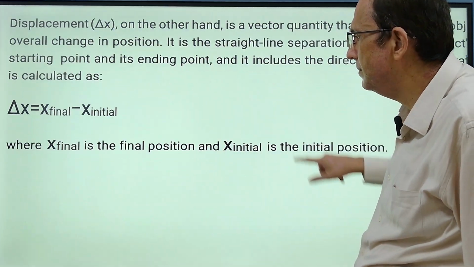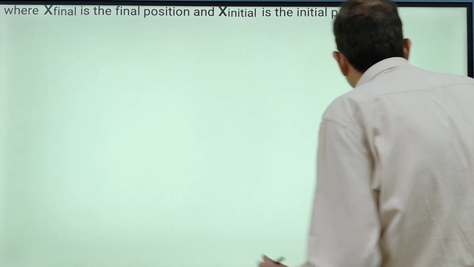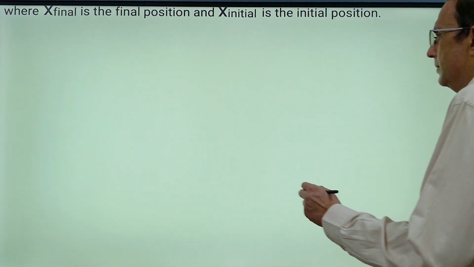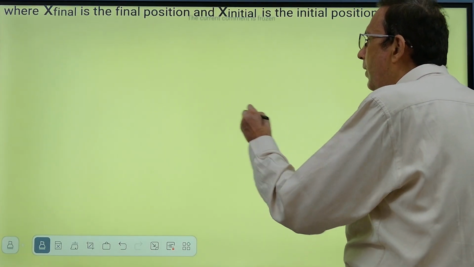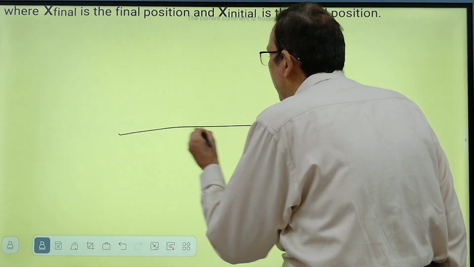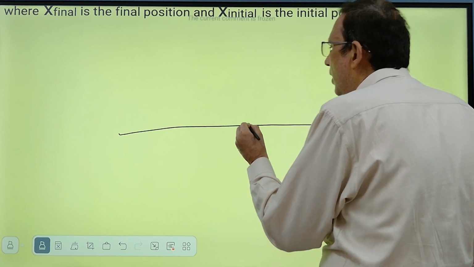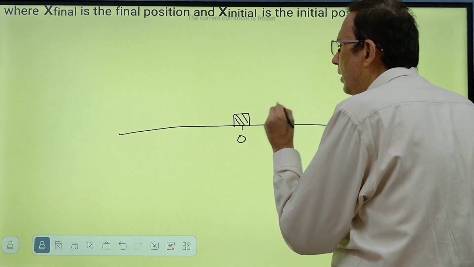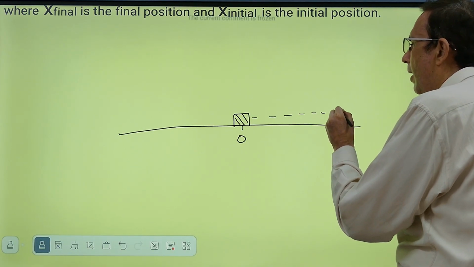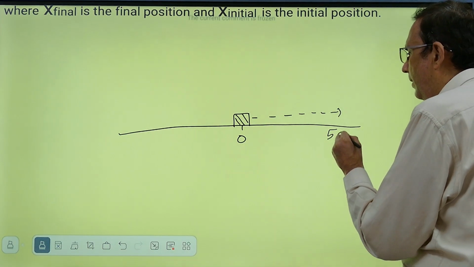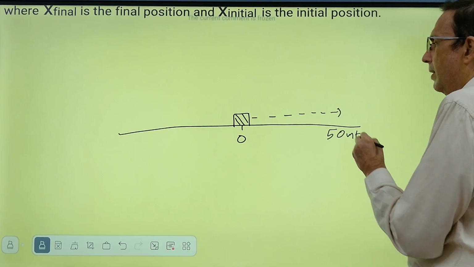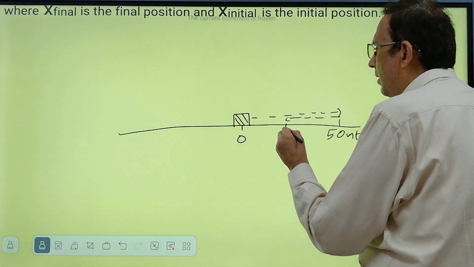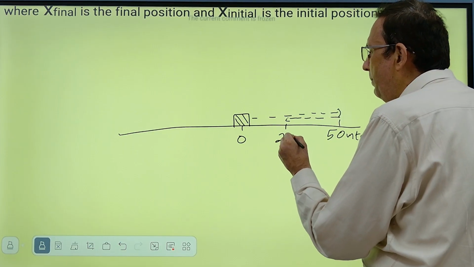So for example, you have a straight line and you are at this point 0. An object starts at 0 and moves, let us say, 50 meters, and then turns back and moves to the position which is marked as 20 meters.